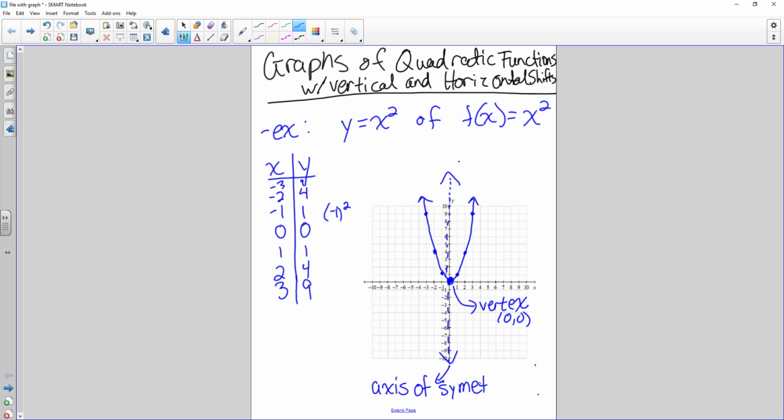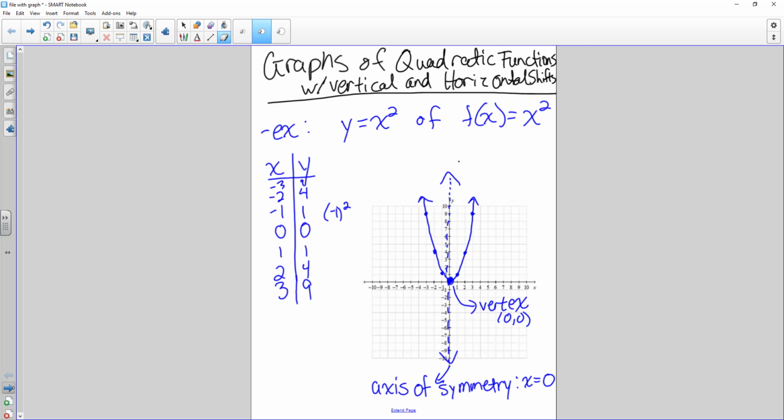Symmetry, I think that has two M's. The axis of symmetry is a vertical line, and vertical lines always have an equation x equals something, and in this case the value of x is 0. So this axis of symmetry is x equals 0, or it's actually the y-axis. Okay, so that's the most basic quadratic function to graph.